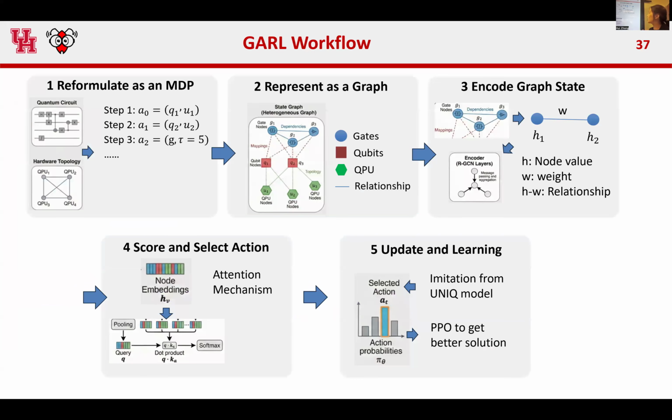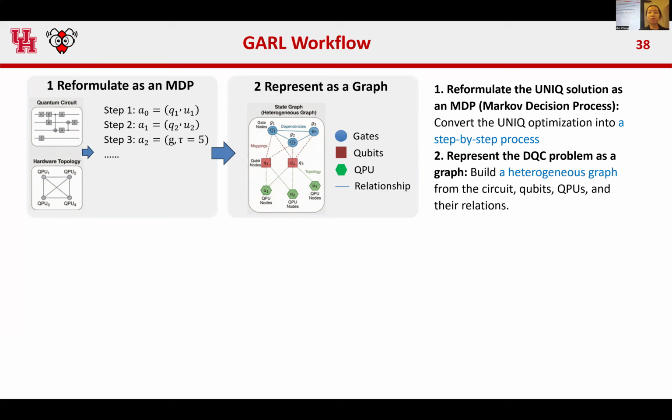Here is our GI workflow. We have 5 steps, and I will go through them one by one. First, reformulate the unique solution as an MDP.